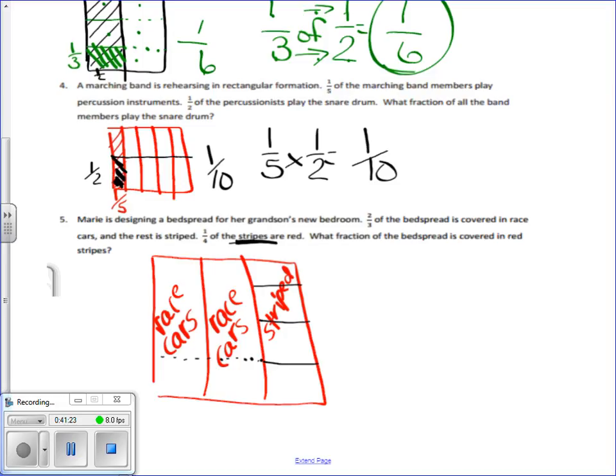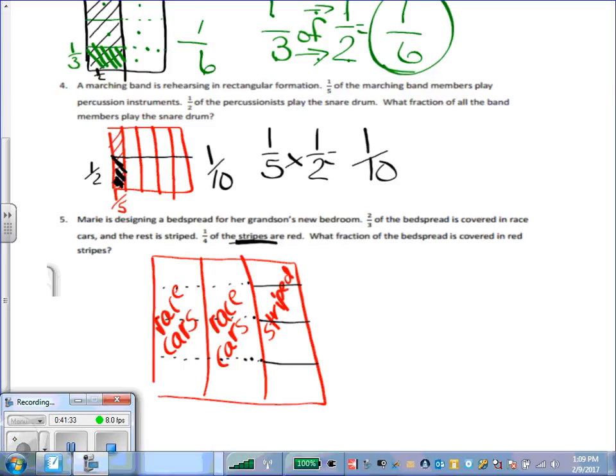Race cars are not important to the problem, really. The race cars are there to help me realize that it's 2/3. So the stripes are 1/3. 2/3 here, 1/3 here.